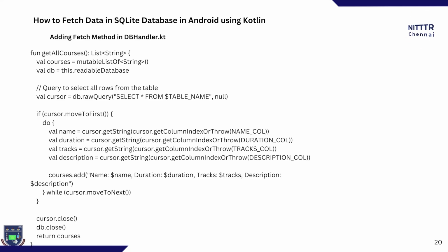Next we get a readable database instance using the readableDatabase function. Then we run the SQL query to select all the records from our course table. The cursor object allows us to iterate through each row and get the column values using the getString method. Finally, we close the cursor and the database and return the list of courses.